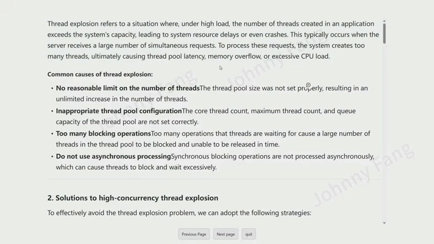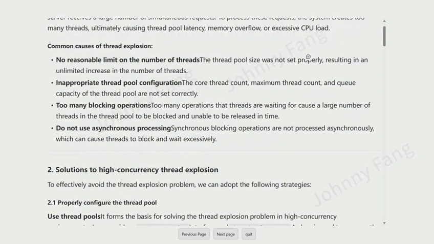The system creates too many threads to handle these requests, which eventually leads to thread pool delays, memory overflows, or CPU overload.